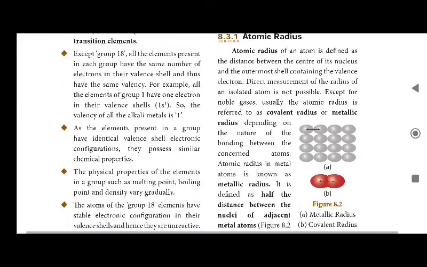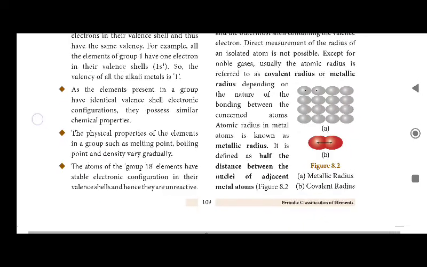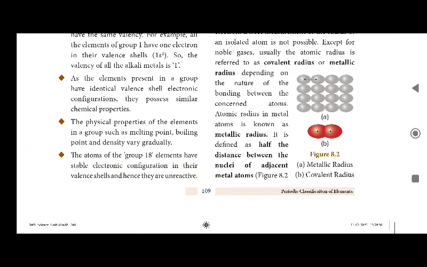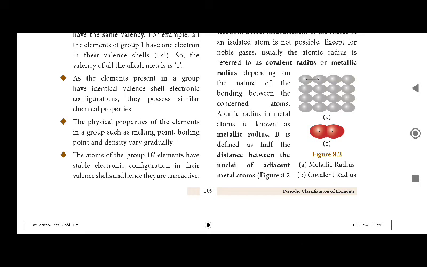As the elements present in a group have identical valence shell electronic configuration, they possess similar chemical properties. The physical properties of the elements in a group, such as melting point, boiling point, and density, vary gradually. The atoms of the group 18 elements have stable electronic configuration. Who will have stable electronic configuration? 18.